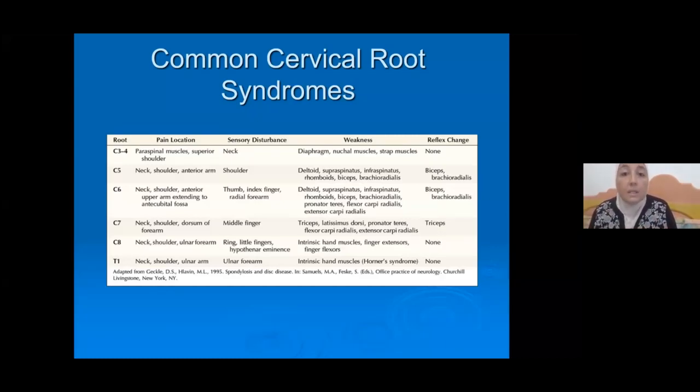The weakness is mainly in the diaphragm and nuchal muscles, and there's no reflex that I can test to make sure I have C3 and C4 radiculopathy, because I have to have a muscle supplied by these roots that is accessible for reflex testing to have the reflex change, which is not the case in such a condition. But in C5 and C6 radiculopathy, the biceps and the brachioradialis reflexes are affected.